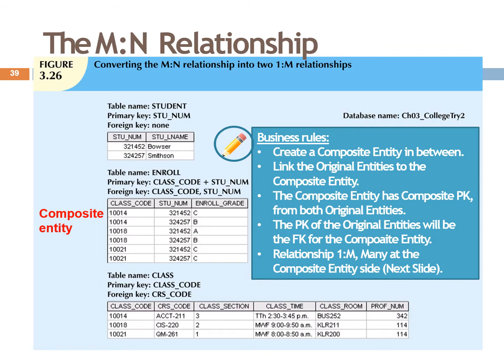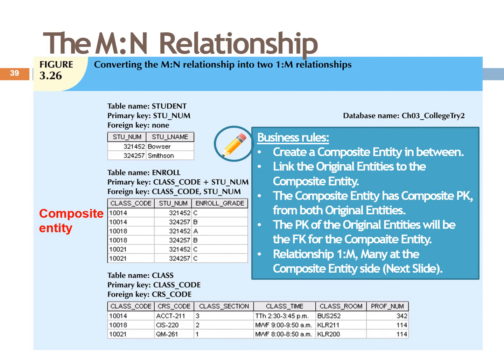Okay, this is how we deal with many-to-many relationship. So initially we have two tables, the student table and the class table. If you look at the note being put there, actually it is not business rules, but converting many-to-many relationship.